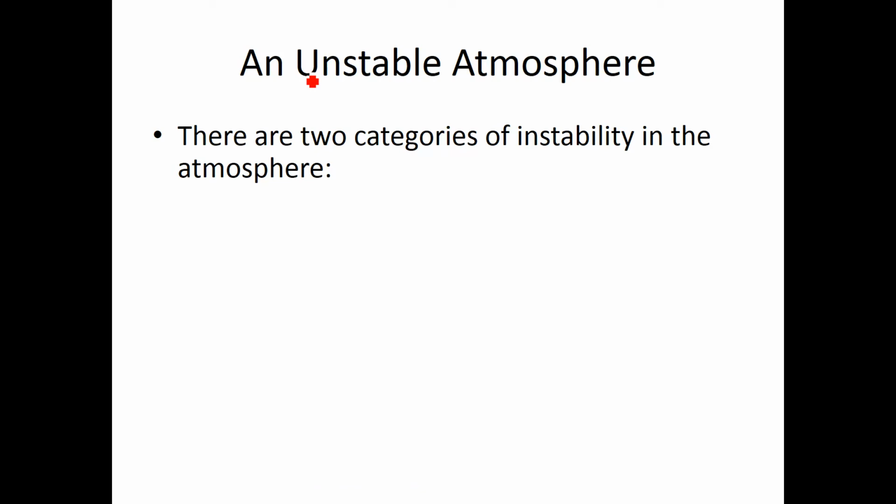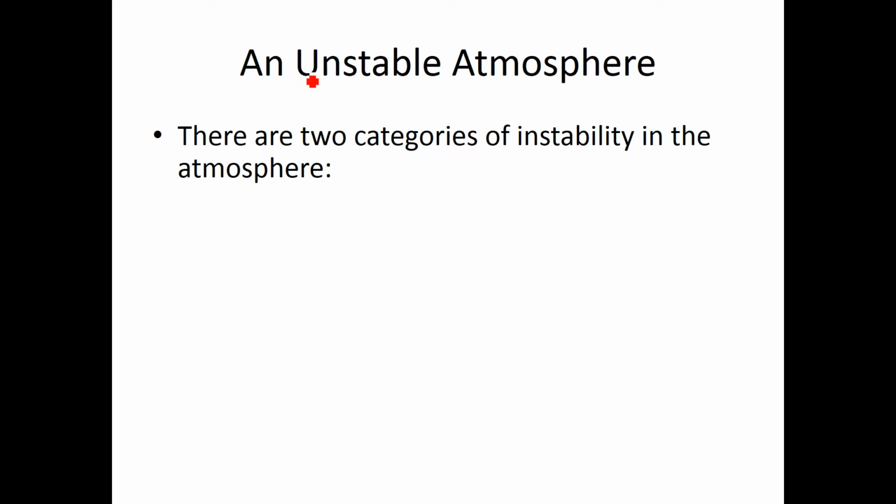Now, unstable atmospheres are a little more tricky. And the reason why they're a little more tricky is because we have dry parcels and moist parcels. Remember, dry parcels cool faster than moist parcels. A dry parcel cools at a rate of 10 degrees Celsius per every 1,000 meters, while a moist parcel cools at a rate of 6 degrees Celsius per every 1,000 meters.